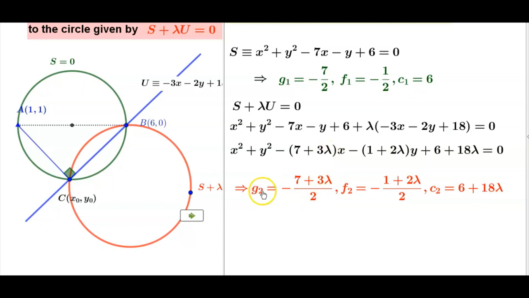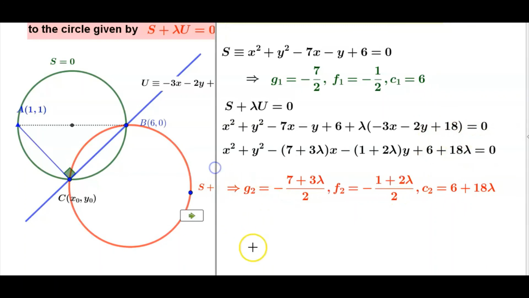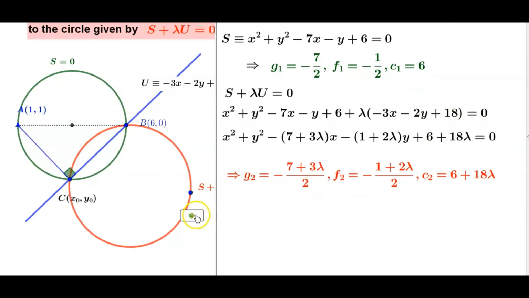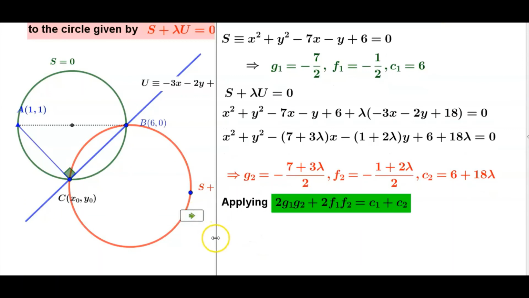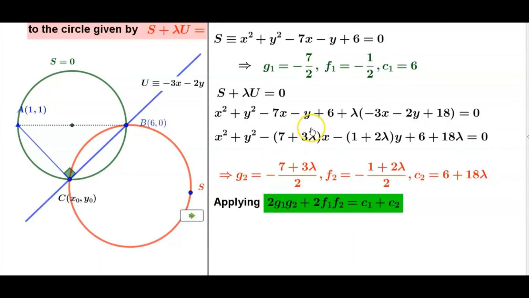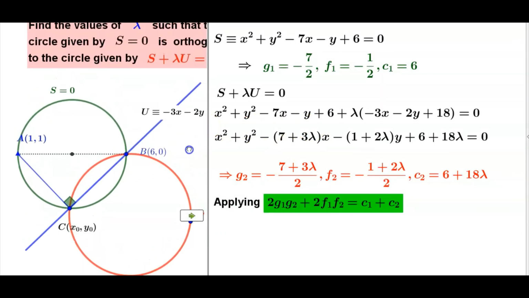Therefore g2 is equal to minus (7 plus 3 lambda) by 2, and f2 is equal to minus (1 plus 2 lambda) by 2, and this is c2. Applying this theory, because these two circles intersect orthogonally, these two circles are orthogonal.